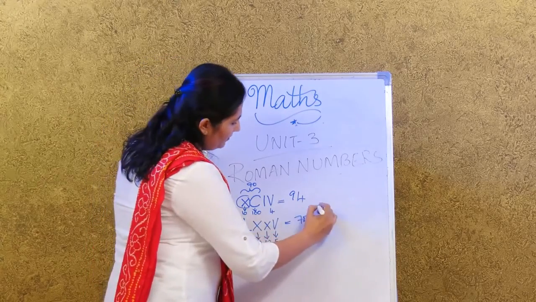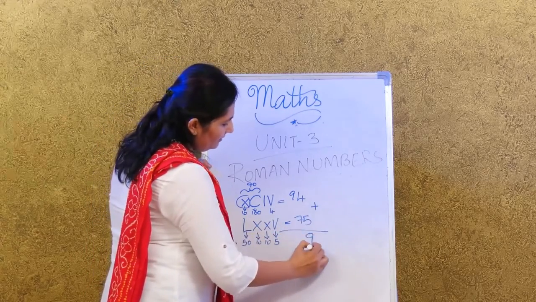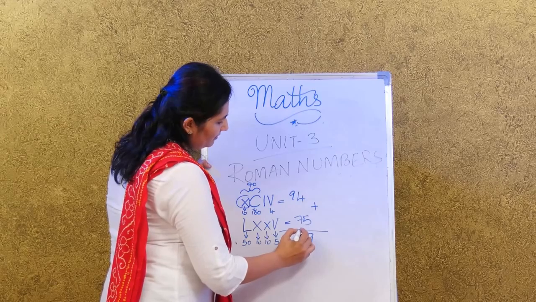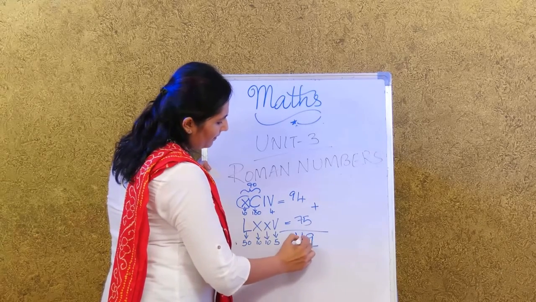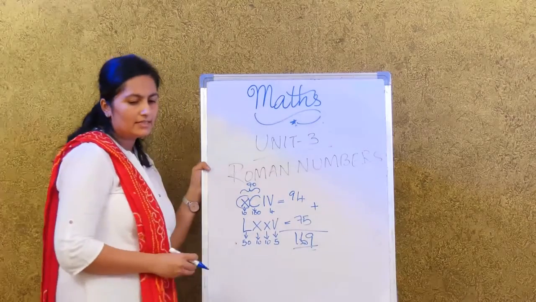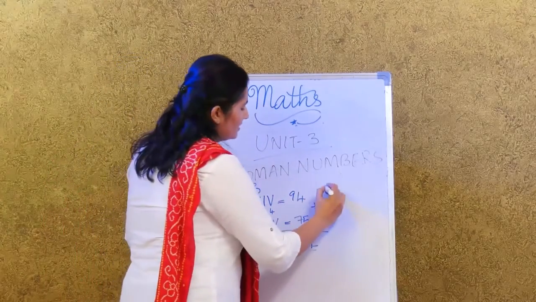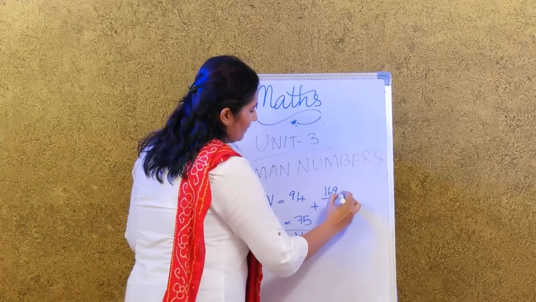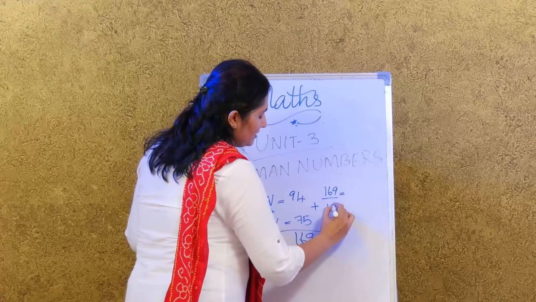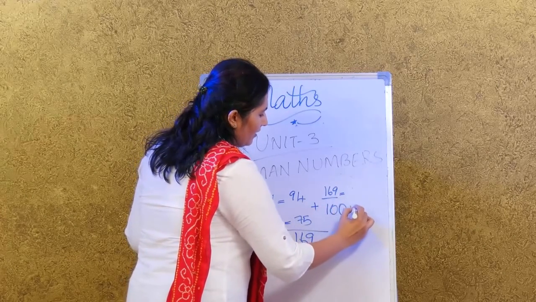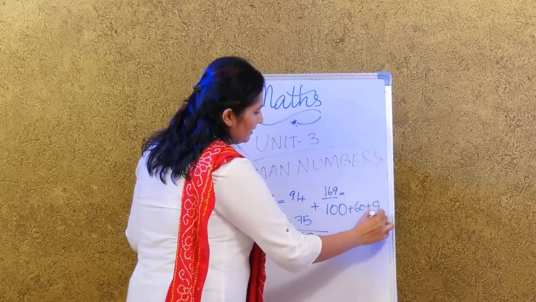So, now you have to add these both, 9, 60, 169. So, how do we write 169? That is 100. So, 169 in expanded form is 100 plus 60 plus 9.